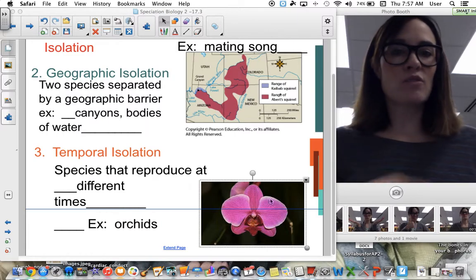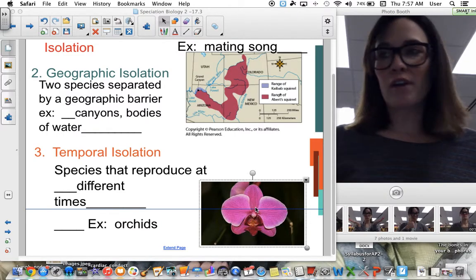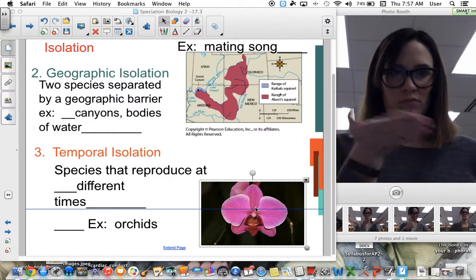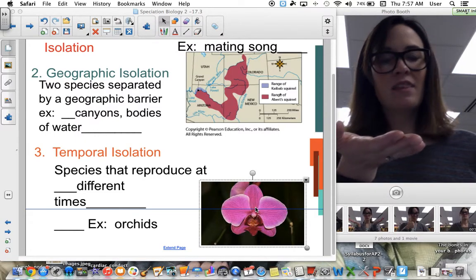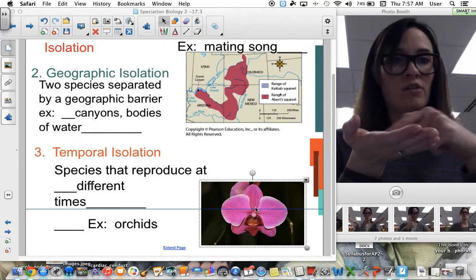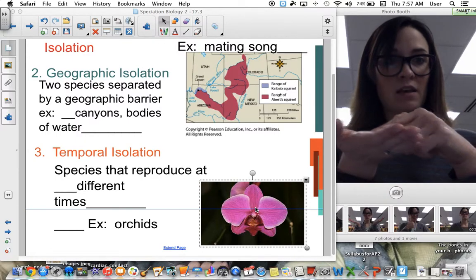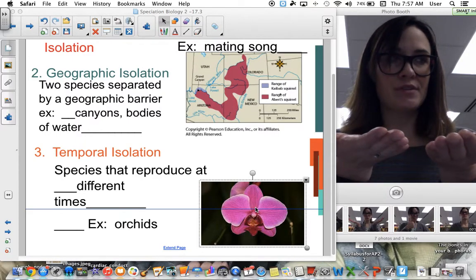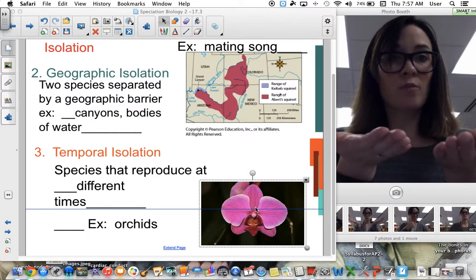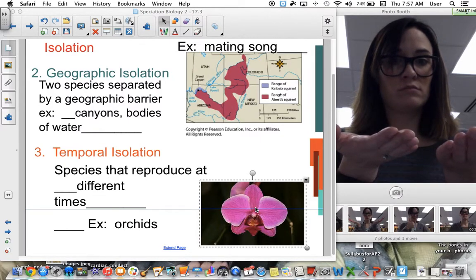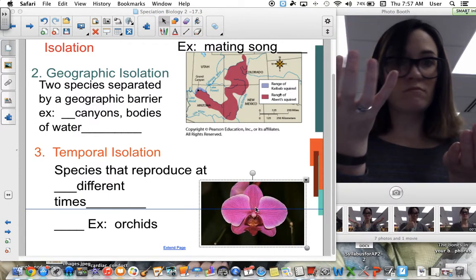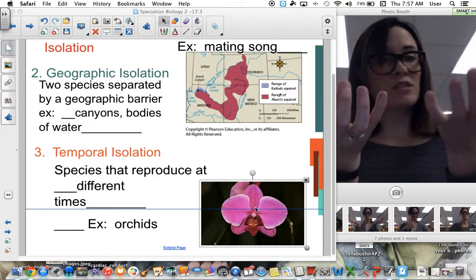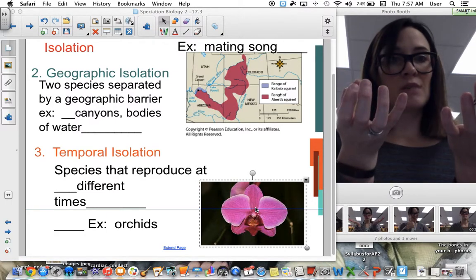So let's say you got this orchid over here on the left, or right, whatever you see here, but it's my left hand, and they reproduce January through March. And you got this orchid over here that reproduces October through December. This one only has eggs ready January through March, and this one has sperm ready October through December.